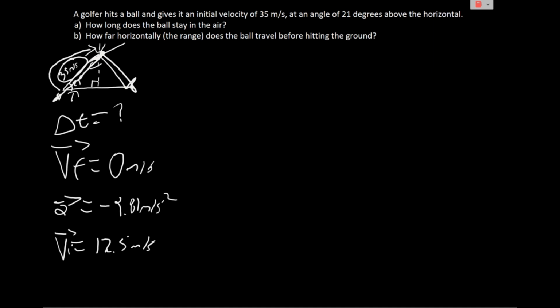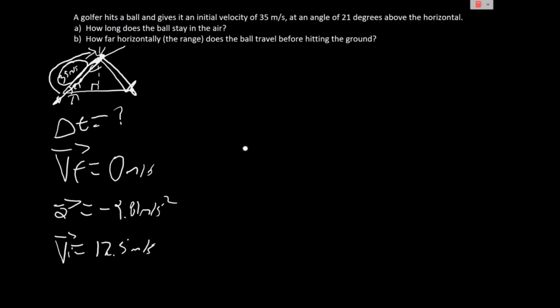How far horizontally does the ball travel before hitting the ground? In this instance, we are now solving for horizontal distance, which we know equals velocity times time. We already have the time, which is 2.6 seconds. Now all we have to do is solve for the horizontal velocity.